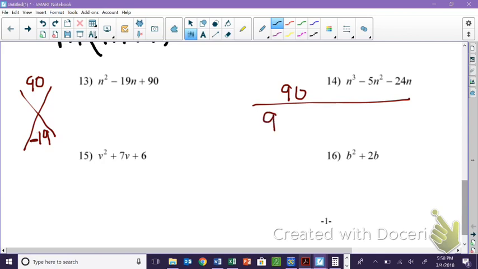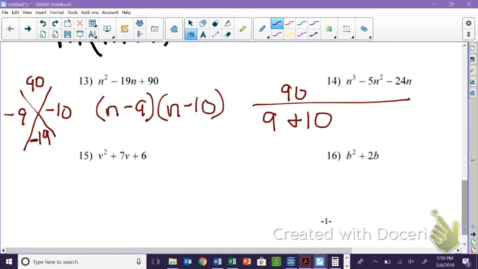What about 9 and 10? Oh, that'll work, but how? It will only work if both of those numbers are, yep, you guessed it, negative. So this will factor to n minus 9 times n minus 10. And that's what we'll be looking at. 15.